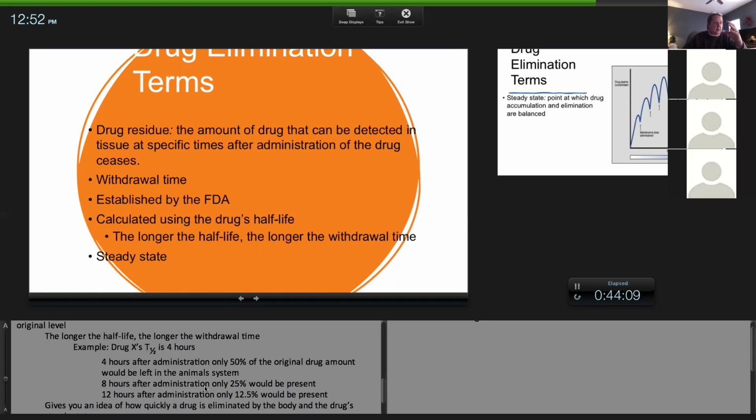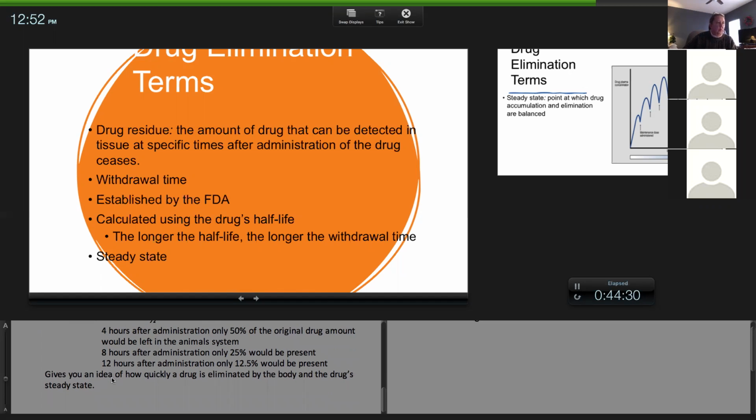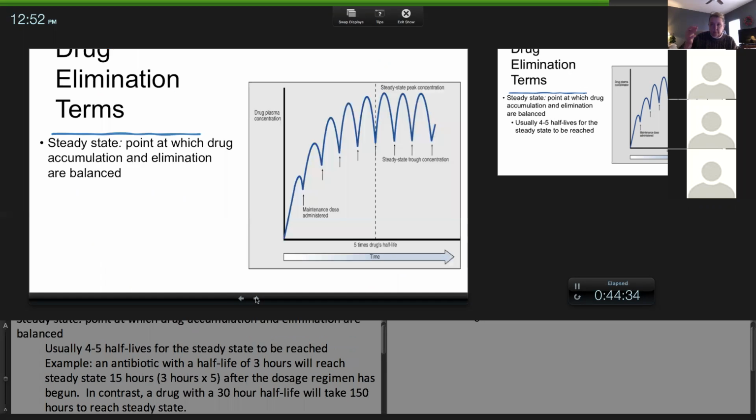If we do another 4 hours, that's 12.5%. So that's telling you it's going to take about 16 hours for that drug to be eliminated fully from the system. And if you're giving it multiple days, then that's how long we expect that drug to be in the system.